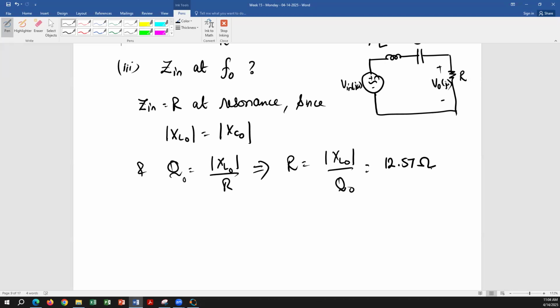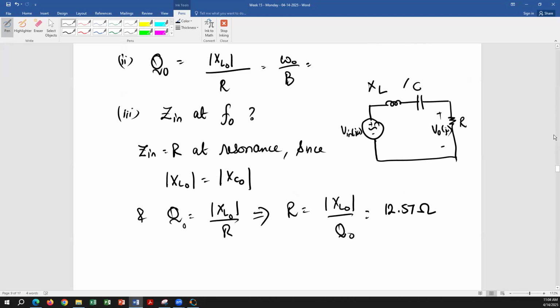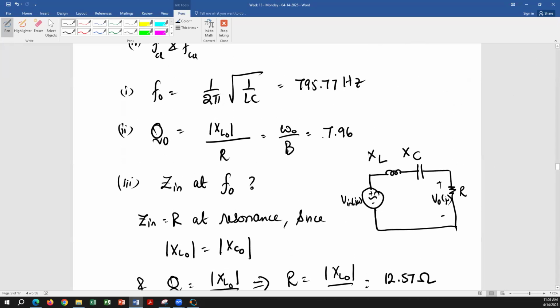If we go back and look at this equation, omega naught over B, if you keep omega naught and B in radian per second, then omega naught is 2 pi F naught, and B is 2 pi times 100 hertz, because B is 100 hertz. So the 2 pi and 2 pi cancel each other anyway. Whether both quantities are in radian per second or hertz, since it's a ratio, you get the same result.